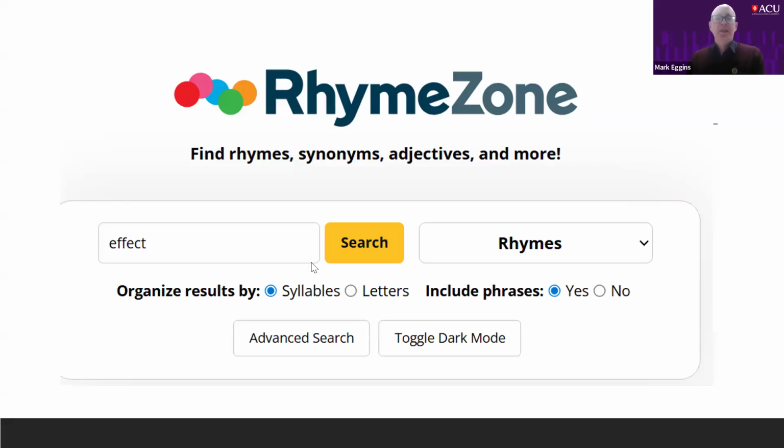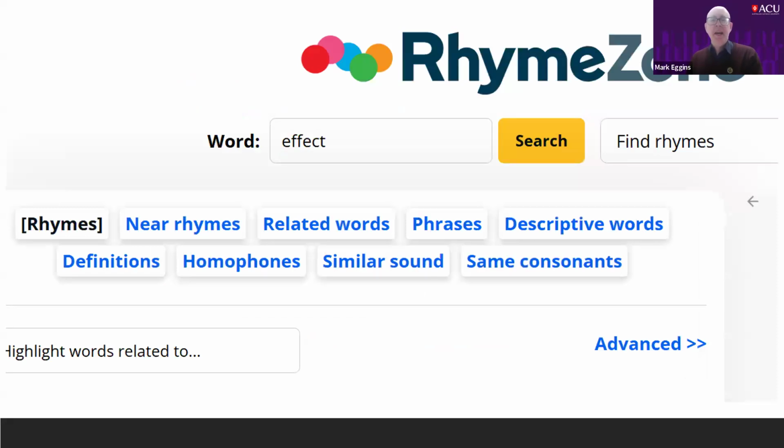I don't know. So if we want to say more than there was just an effect, we need an adjective because adjectives are good summarizers. So I put in effect, we hit the search button, and then we go for this function here that says descriptive words. So that's the one you click on, descriptive words.